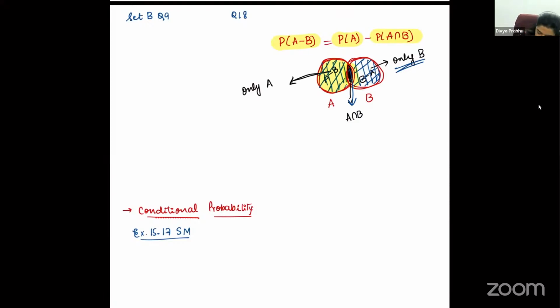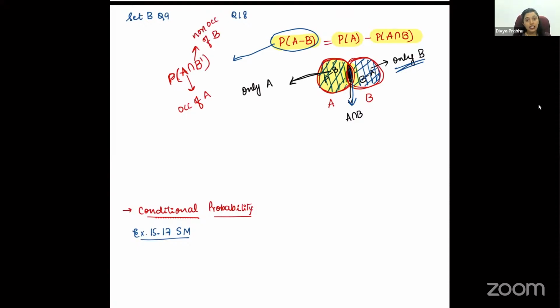Now, instead of giving probability of A minus B in the question, they can put this differently. You know what they will ask? P of A intersection B dash. You know what this means? It means the probability of occurrence of A as well as non-occurrence of B. Understanding?